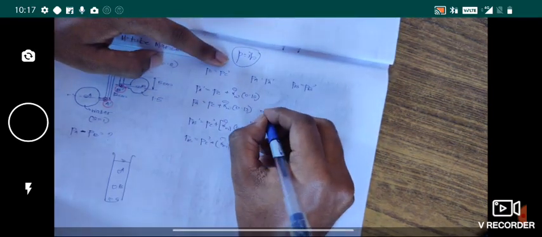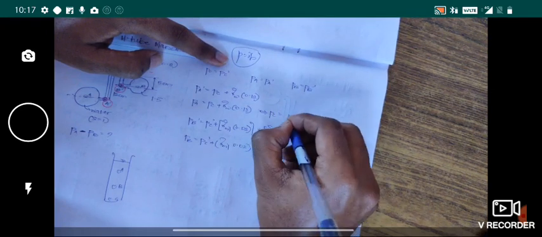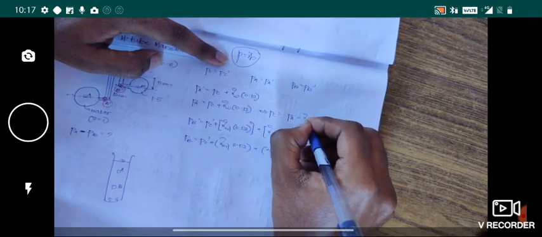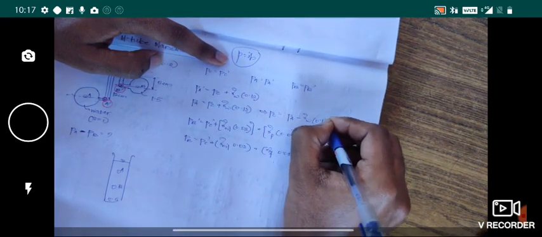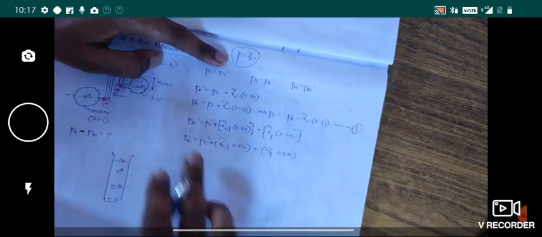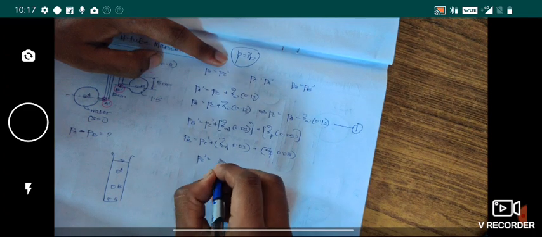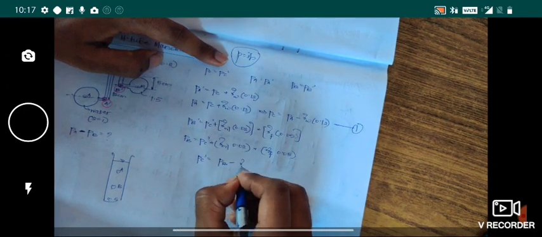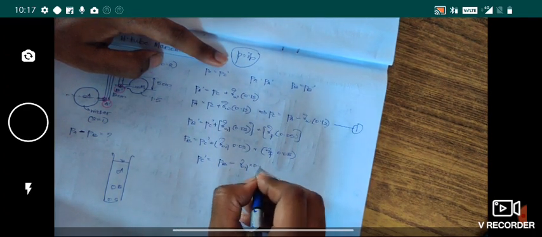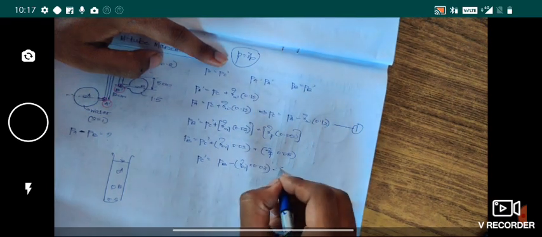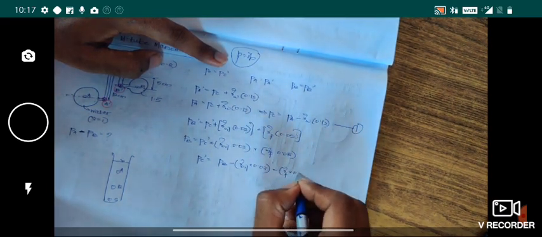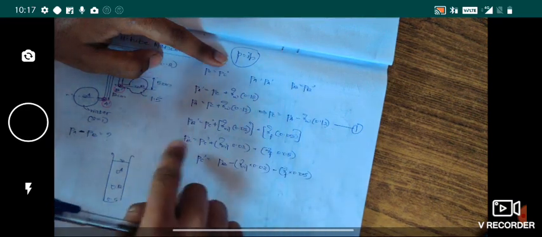Now if you check from this equation, you can get the value for PC. So you can write PC is equal to PA minus gamma W into 0.12. Let this be the first equation. Similarly, from this equation, you can write PC dash is equal to PB minus gamma of oil into 0.02 minus gamma F into 0.05. Take it to that side.